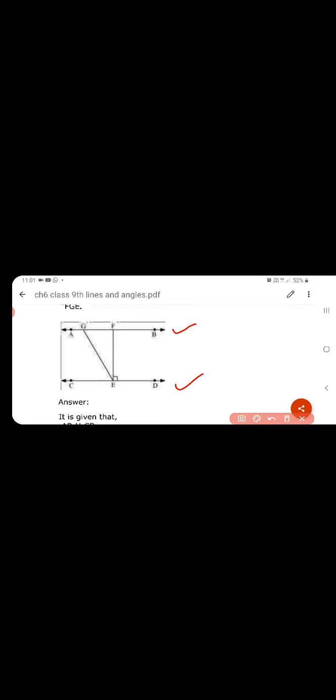This angle GED is 126 degree. It's given.